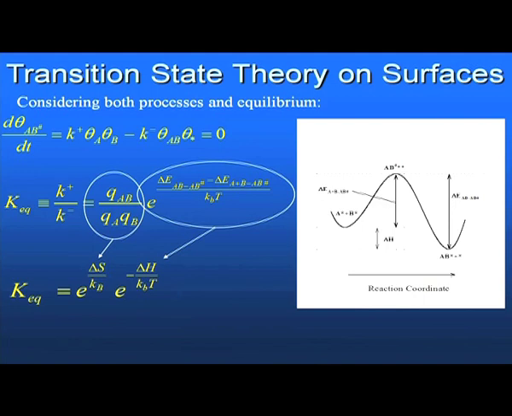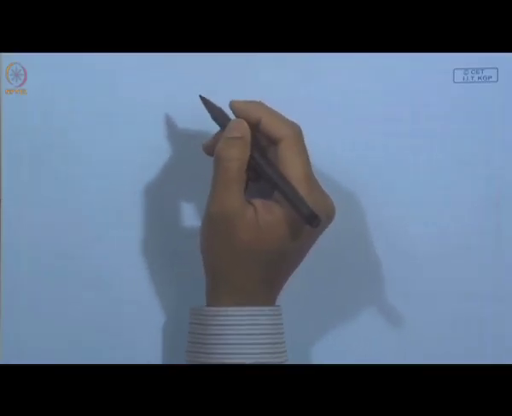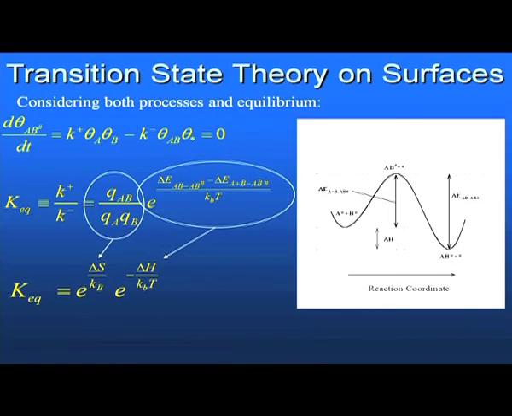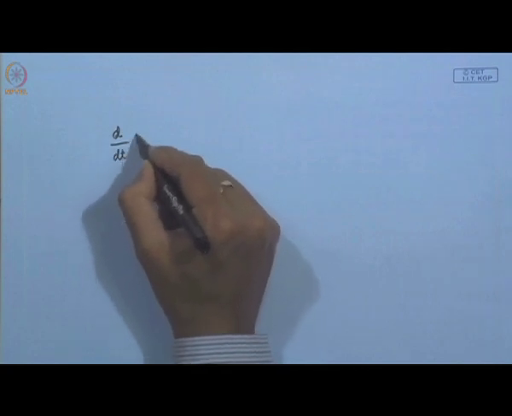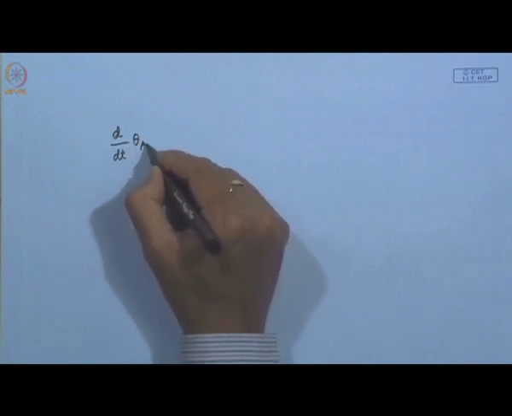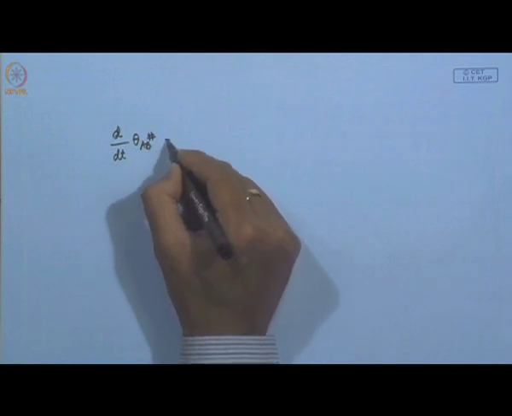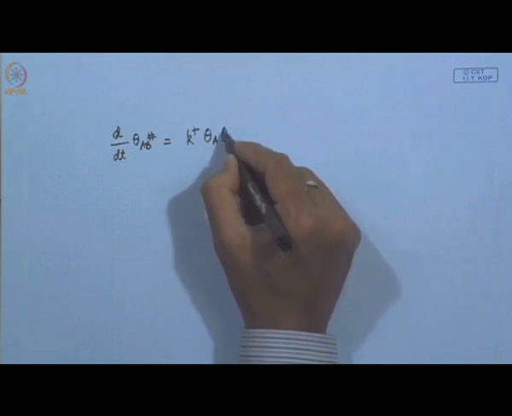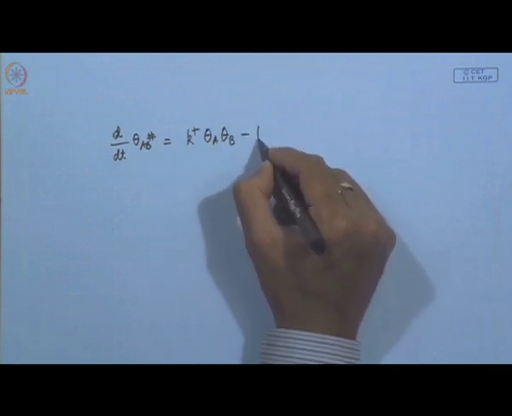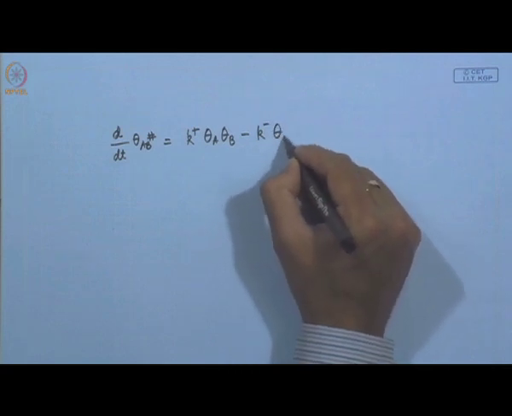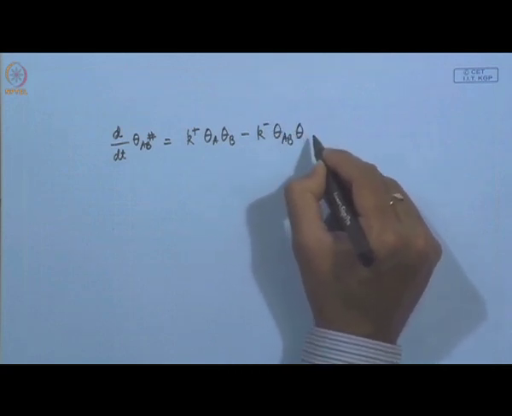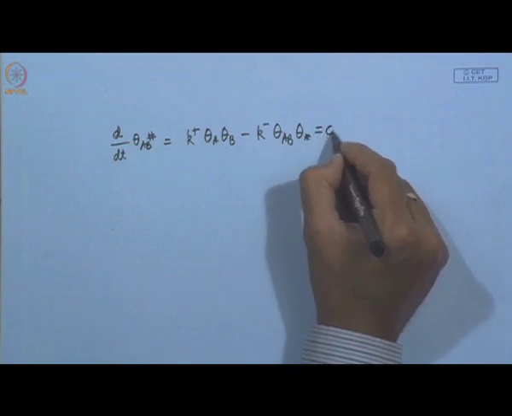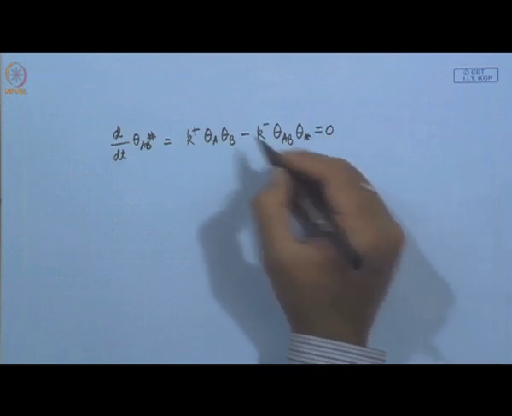We can write, like a steady state approximation, considering both processes in an equilibrium approximation, d/dt of theta AB, which is equal to K plus theta A theta B minus K minus theta AB theta star, equal to 0 because it is equilibrium.